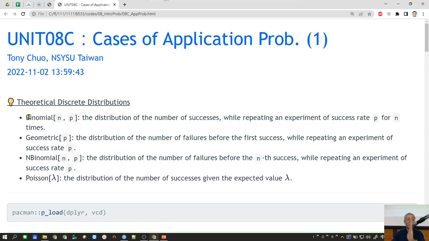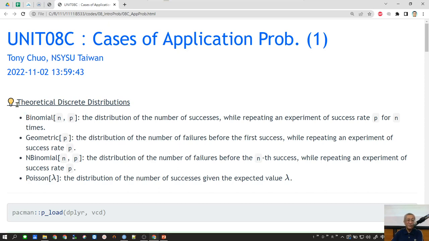You have n, you have a P, and you want to see the distribution of the number of successes. It can succeed 0 times minimum, n times maximum, and from 0 to n every integer has a probability. That is called the binomial distribution.